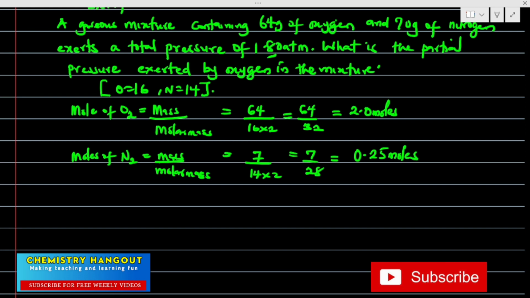Okay. Now, don't forget our formula, let's go back. Our formula is partial pressure, stated earlier. For us to look for partial pressure, the formula is what? Our mole fraction or our mole ratio. You understand? The mole fraction of the gas, or mole ratio of the gas, times our total pressure.